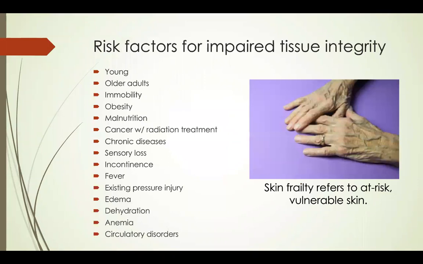And then risk factors for impaired tissue integrity. So, who are some people that are more at risk to get a tissue injury? Our young patients have very immature skin. They're more at risk for maceration and dermatitis.